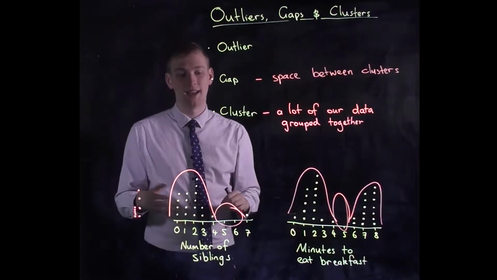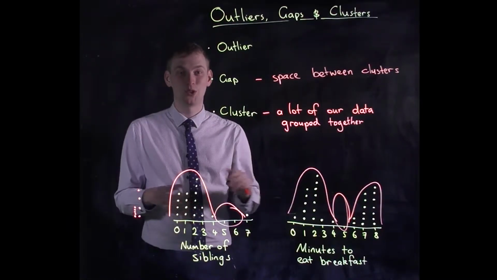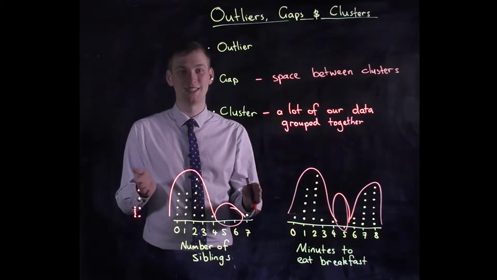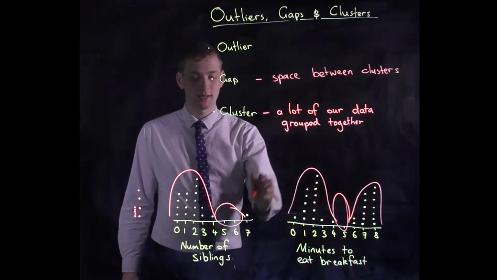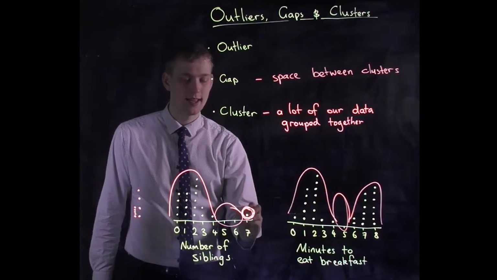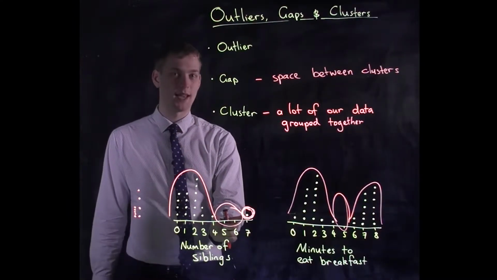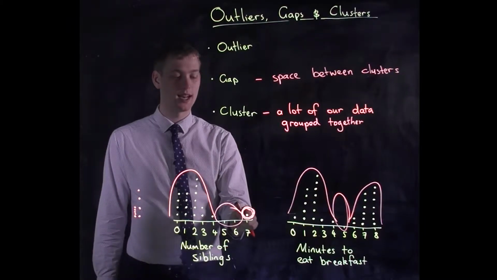Finally, we have an outlier. An outlier is just one value or two values that are a decent distance away from most of the data. So in this one, we don't have any outliers, but here, this value here at 7, there's nothing from this space. So this one here would be called an outlier.